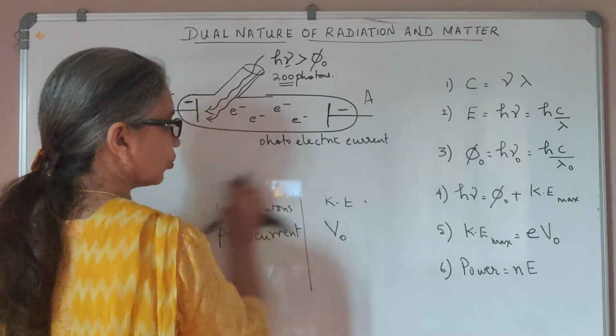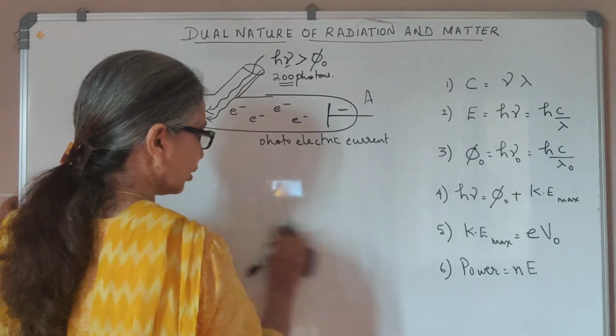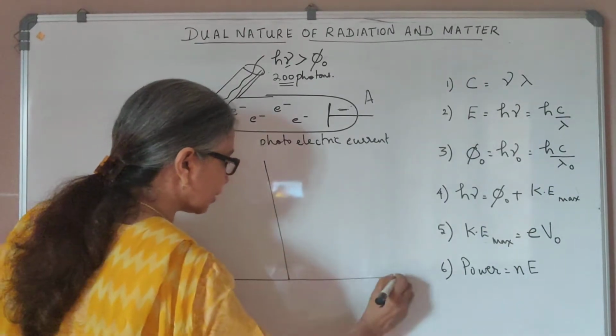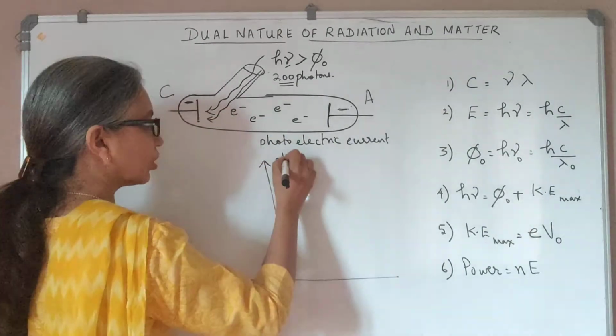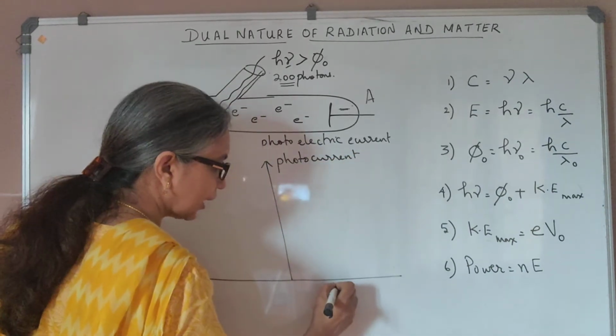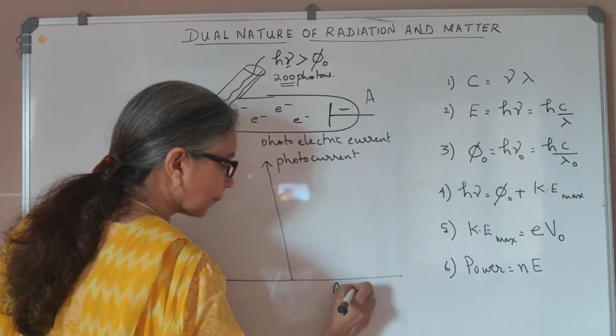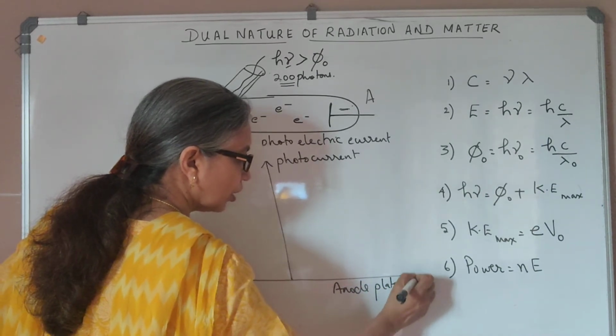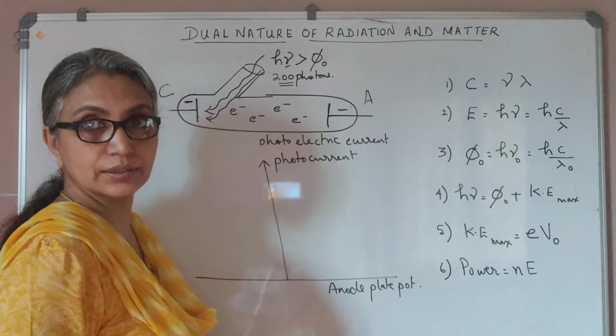So now we are going to plot the same graph that we did now, where we have the photoelectric current on the y-axis and the anode plate potential, or the collector potential, on the x-axis.